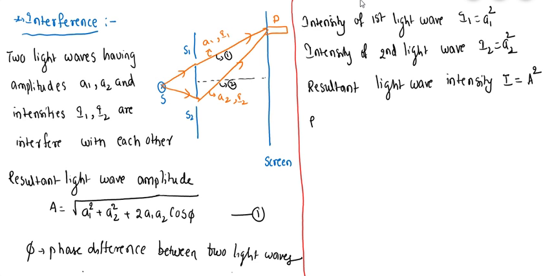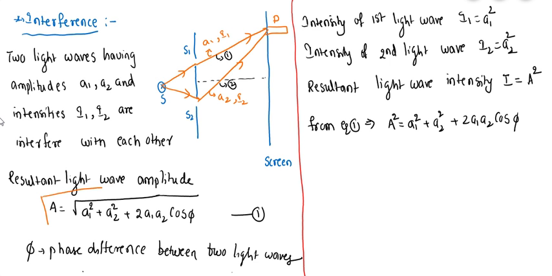From equation 1, squaring on both sides, you will get A square equals A1 square plus A2 square plus 2 A1 A2 cos phi. This is the important formula.